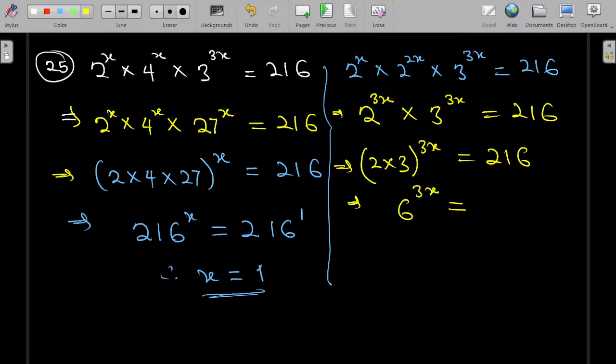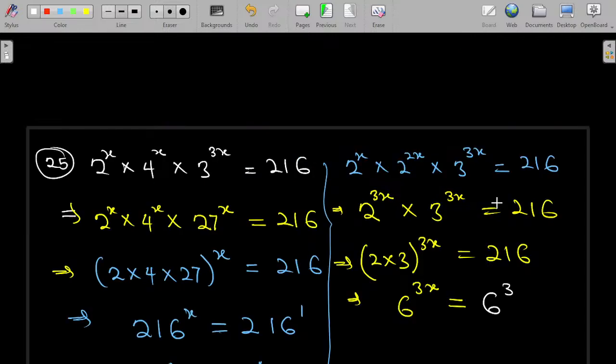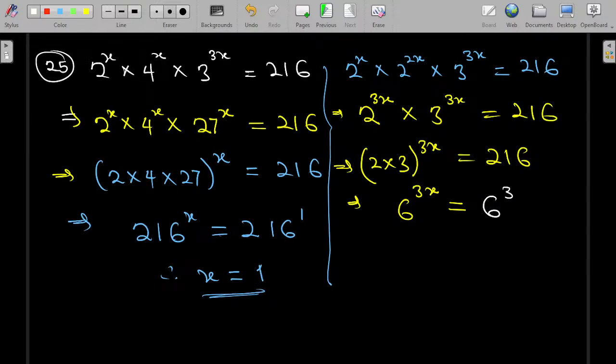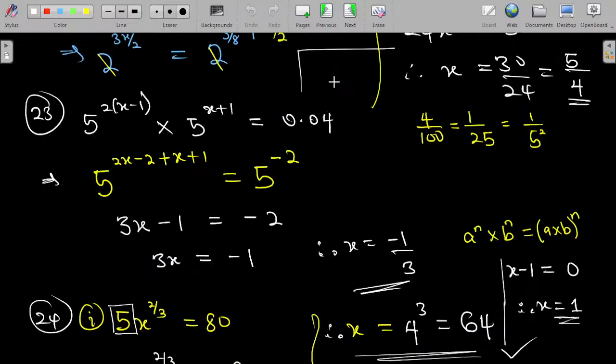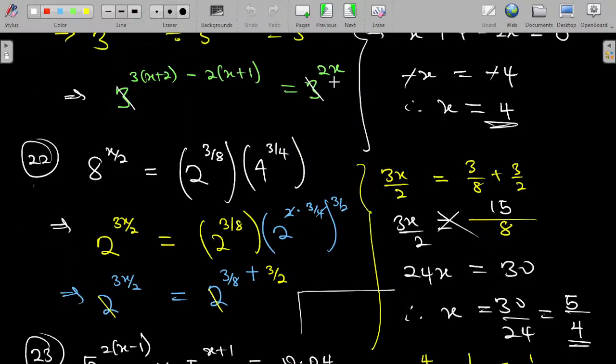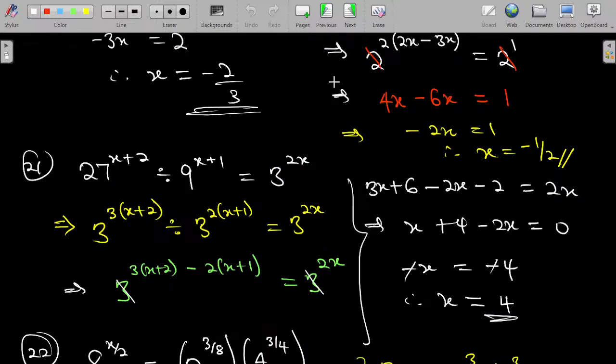And I can write 216 in base 6. This is amazing. And that's going to give me 6 to the power of 3. I think we saw it earlier on somewhere. Let's check. Yeah, I think we did it somewhere up. Let me see if I can find it.